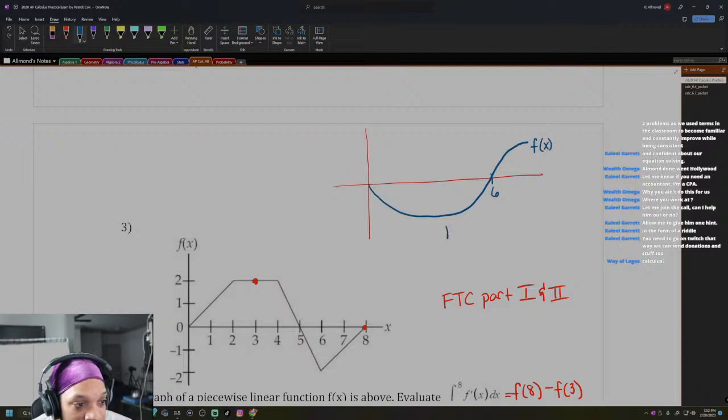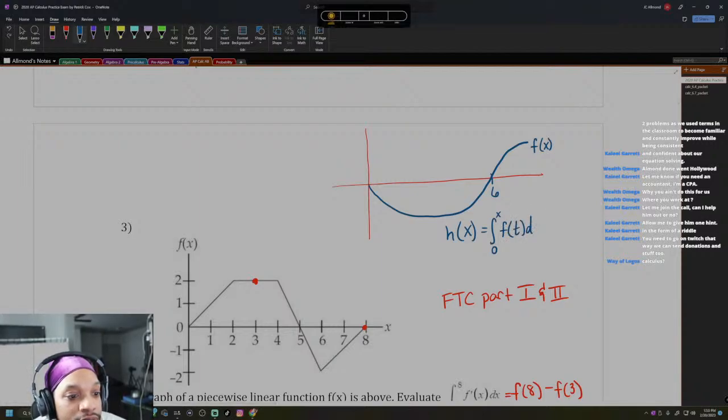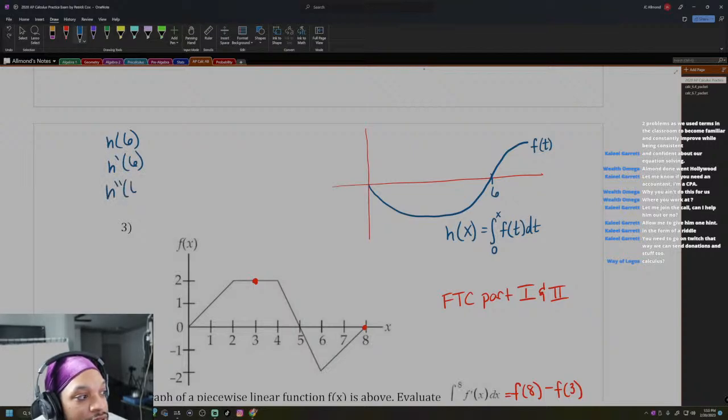They told us that h of x was the integral from 0 to x of f of t dt. Let me change this to a t. So we just wanted to find h of 6, h prime of 6, and h double prime of 6.